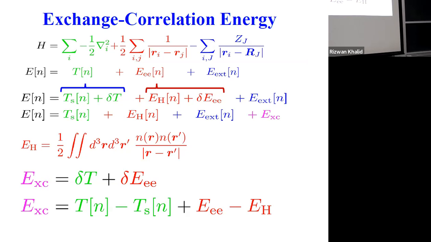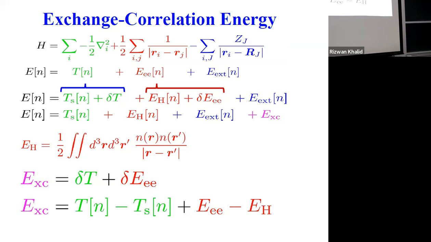One is the classical Coulomb repulsion energy, which is this. So the repulsion between electrons is calculated by using the electron densities. If you have an electron density n(r), and you want to calculate its interaction with itself, you calculate this integral. From electromagnetic theory, I think it's a pretty commonly used integral.